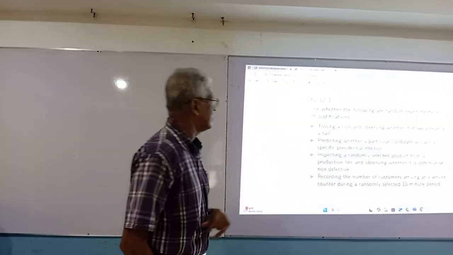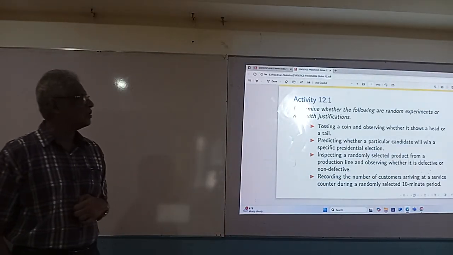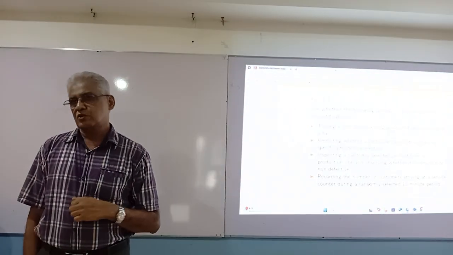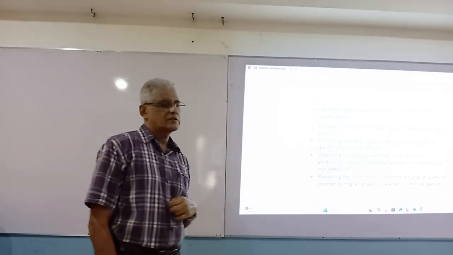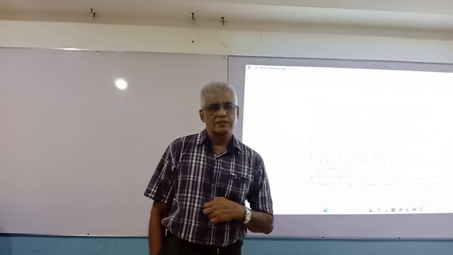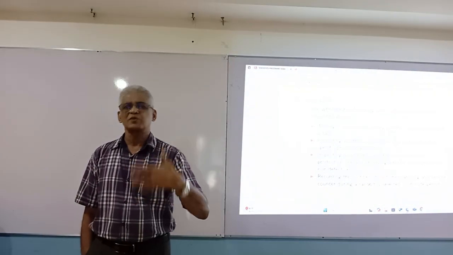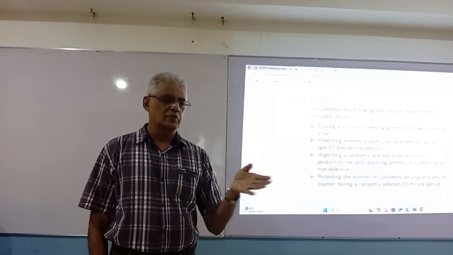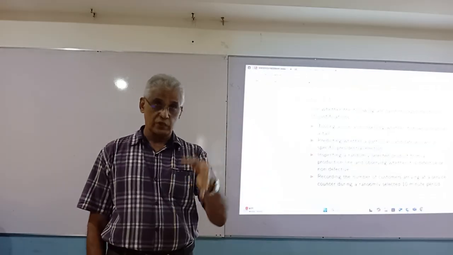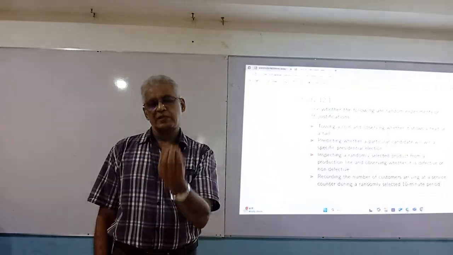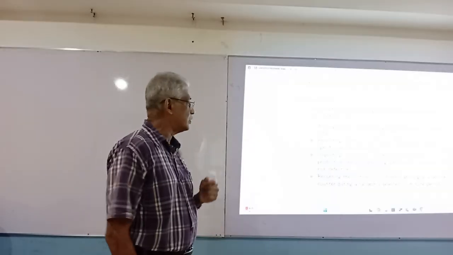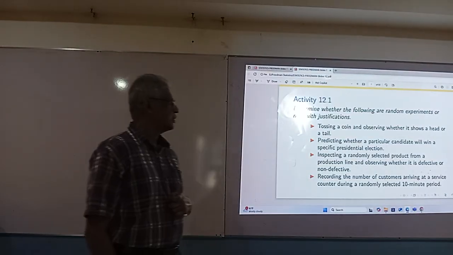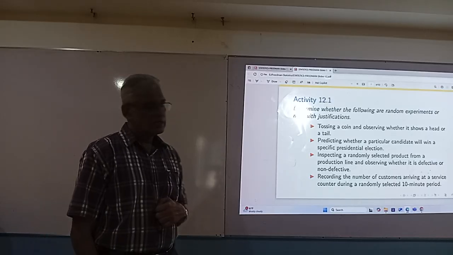For example, a very simple one: tossing a coin and observing whether it shows a head or tail. Is it a random experiment? Yes, because we can toss the coin under approximately the same conditions, and we know we are going to get a head or tail, but before a particular toss we don't know which. So that's a random experiment.